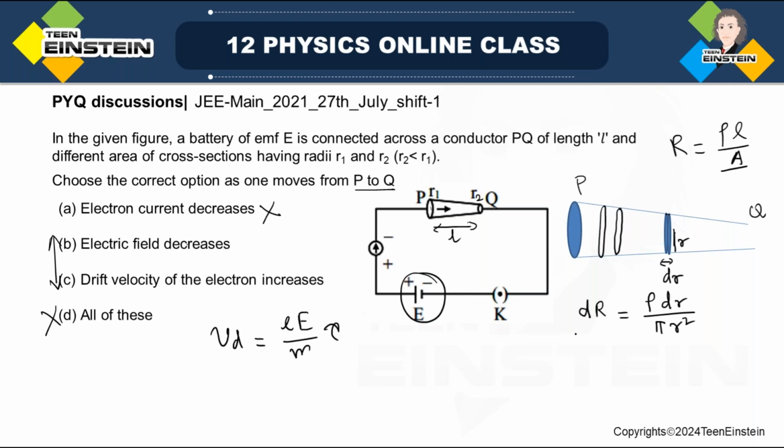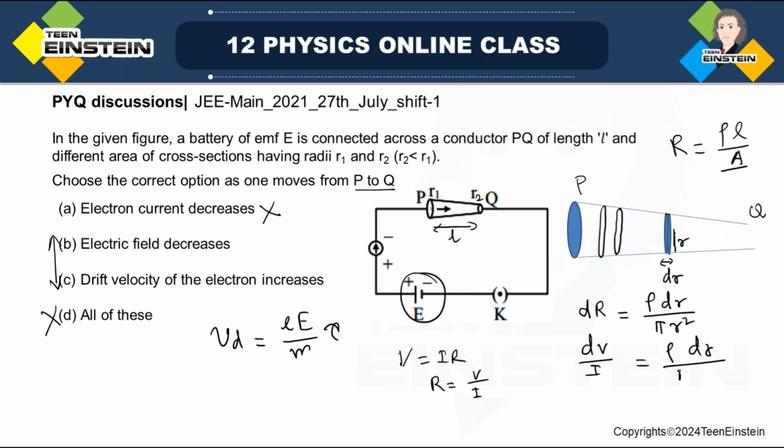So I can write this at any time. See, we know V is equal to IR, so R will be V by I. Current anyway will be constant throughout the circuit, so I can write this as dV by I. Okay, I hope you agree with me.